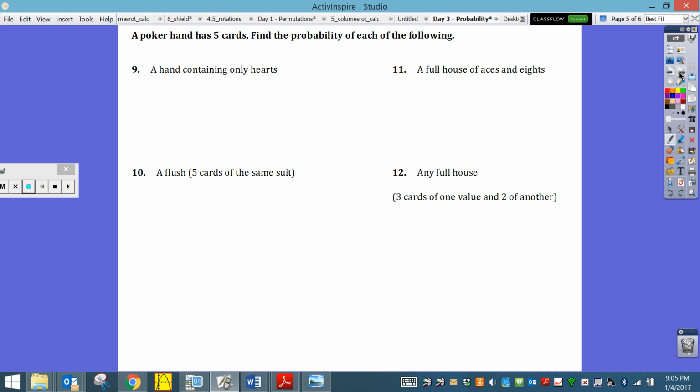Okay, so a hand containing only hearts. Well, there are 13 hearts. So out of those 13 hearts, I want all 5 of them. Again, I can, but I don't have to, list the 13 spades choose 0, the 13 diamonds choose 0, the 13 clubs choose 0. But because those are all choose zeros, I don't actually have to.